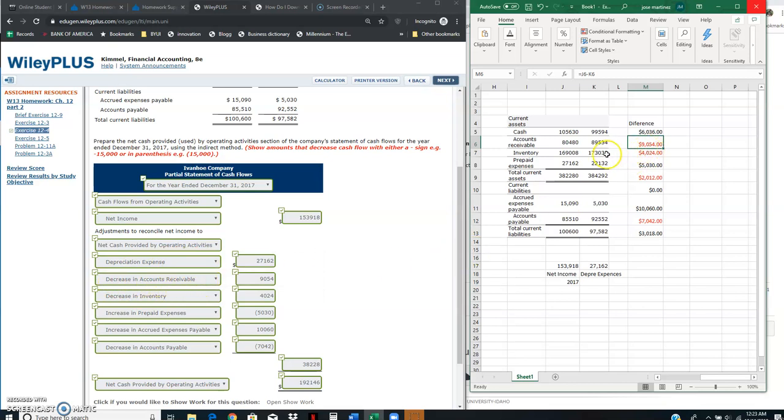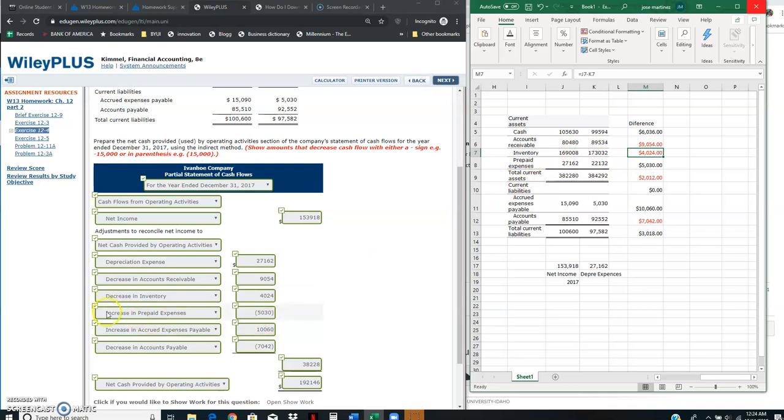So we can see it here. In 2017 we have less in accounts receivable than we had in 2016. Also, we had a decrease in inventory as well. You guys can see all these numbers in red. So it's the difference between 2016 and 17.